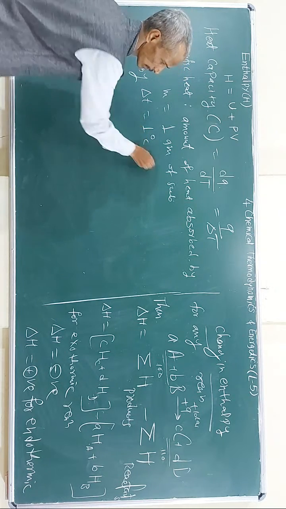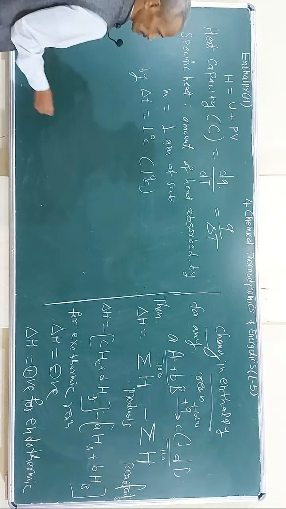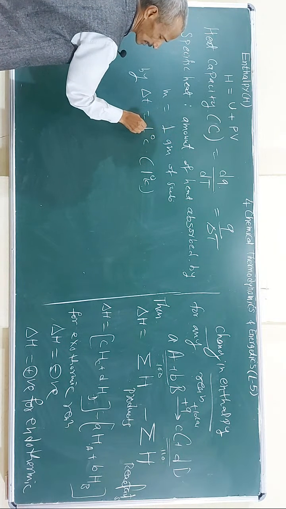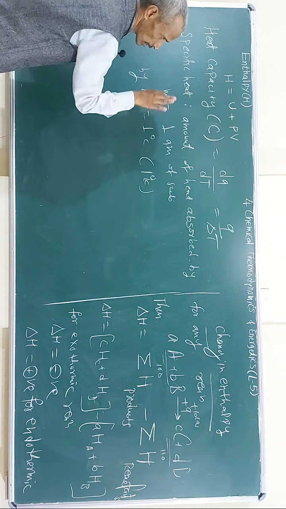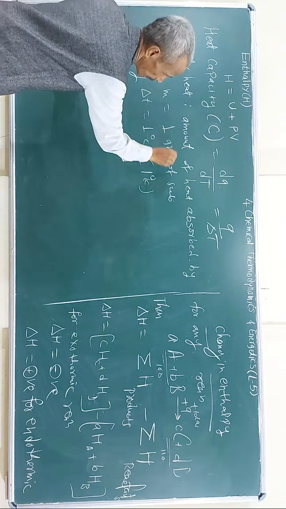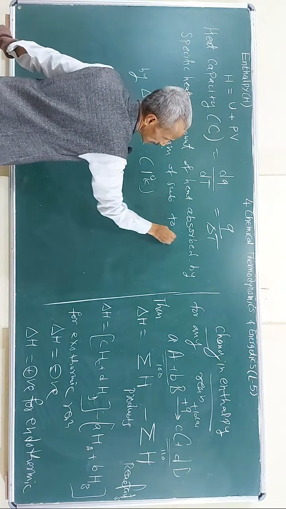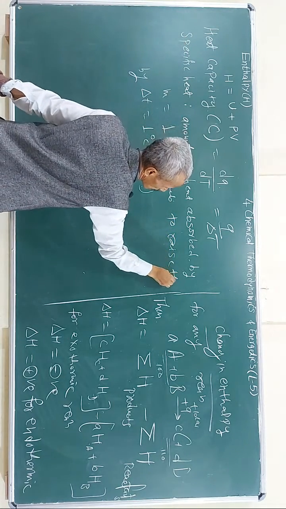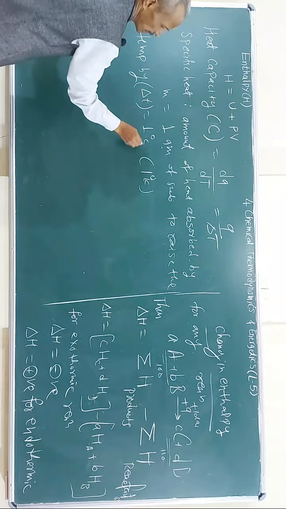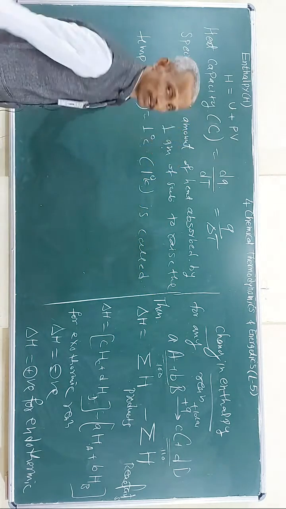The substance taken is 1 gram and the temperature rise is 1 degree Celsius. Whatever heat is absorbed is called the specific heat of that substance.